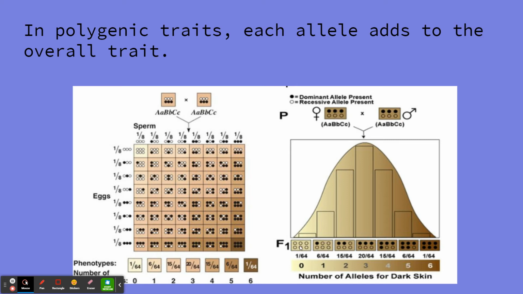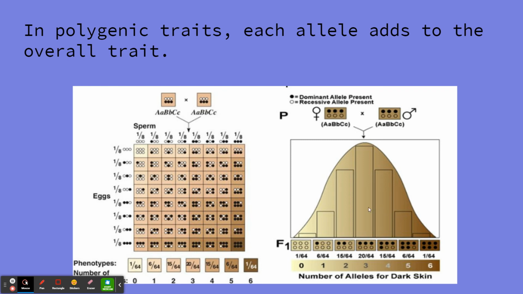If you're just looking at these genes, if you've got 6 that are recessive, so 2 recessive for the first gene, 2 recessive for the second gene, 2 recessive for the third gene, then you're very, very light. As you get more dominant alleles for each set of genes, your skin color becomes darker, until you have 2 dominant for the first set of genes, 2 dominant for the second, and 2 dominant for the third, which would be the darkest.